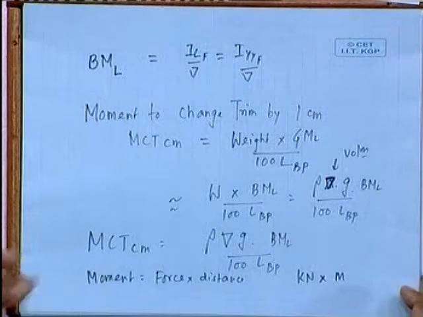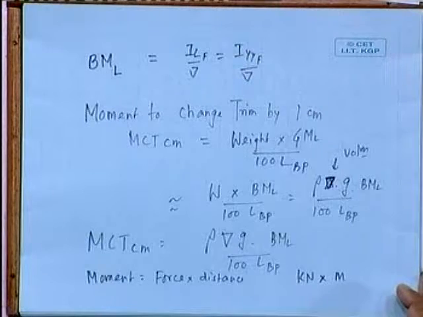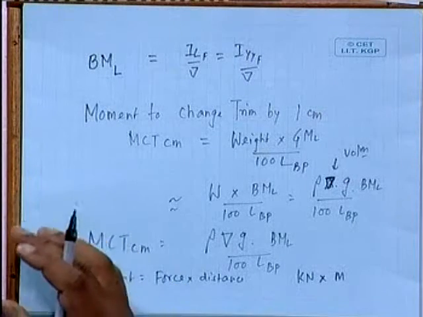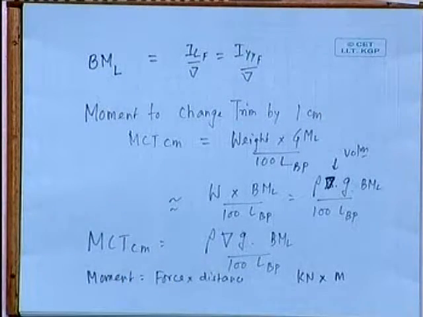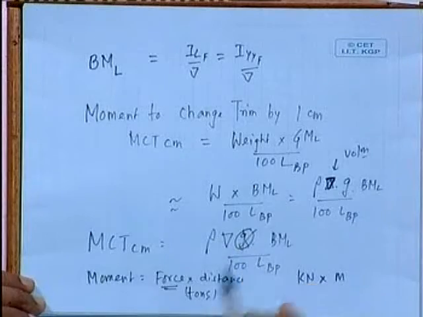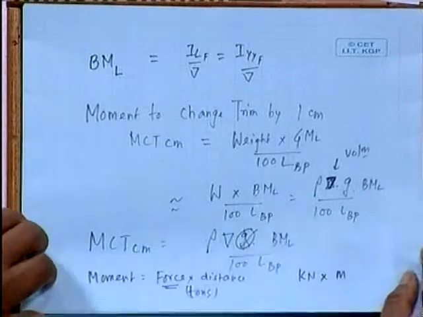But sometimes we want to find out, if I have shifted a weight of 5 ton from here to there, what is my moment, and sometimes force is written in terms of tons. Then it becomes ton meter. In such cases, most books express MCT as ton meter, and so this g is not there.